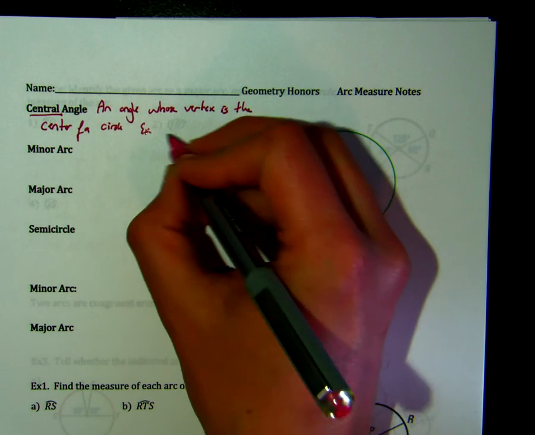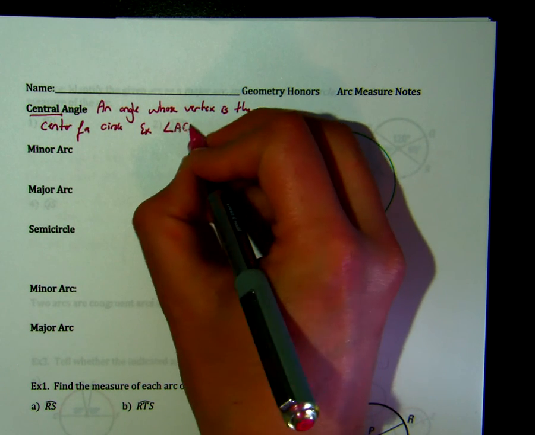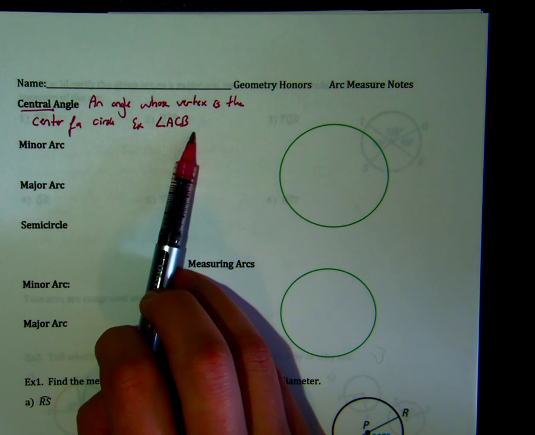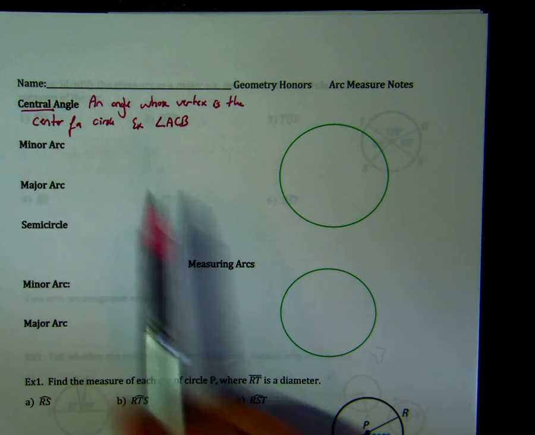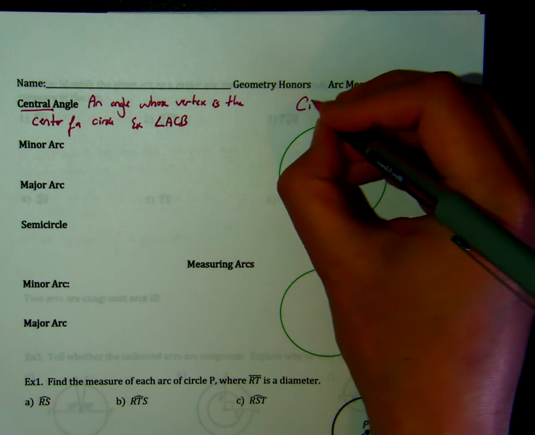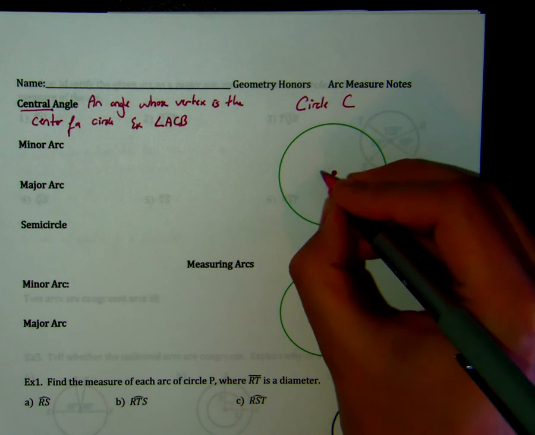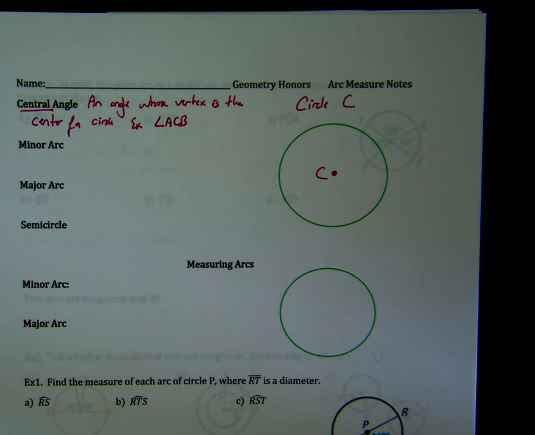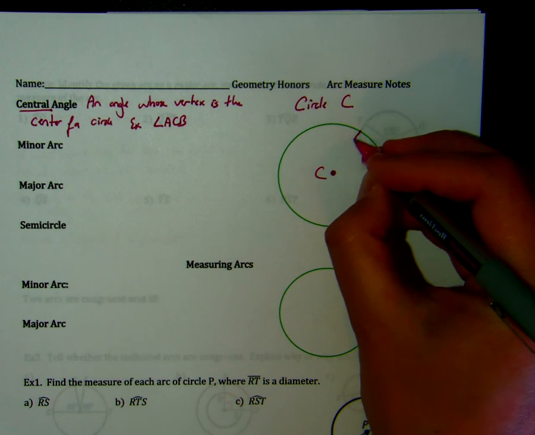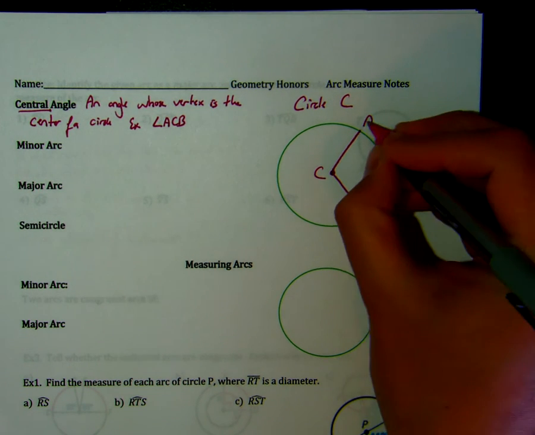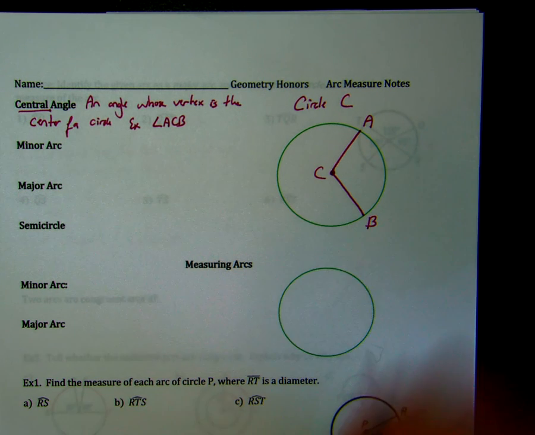If I pick out an angle, we're going to call this ACB. If angle ACB is a central angle, then C is the center of the circle, so I can call this circle C. Remember, circles are named based on the center. The center of the circle here is C, that's circle C. And an angle that has C as a vertex could be an angle like this.